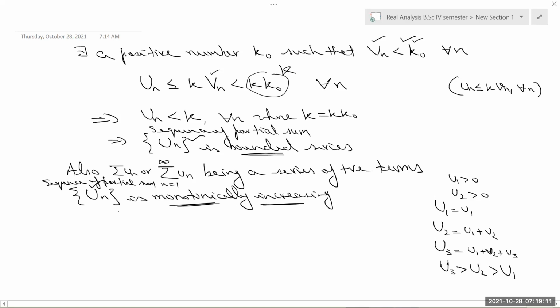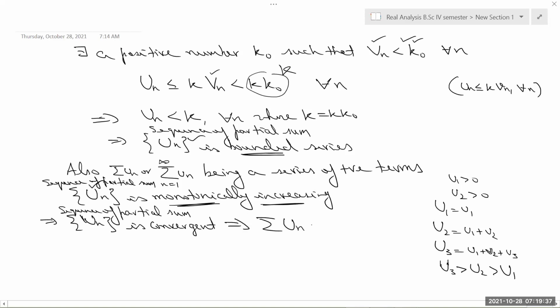So this implies that this sequence of partial sums is convergent, and in fact this will imply that the series Un is convergent.